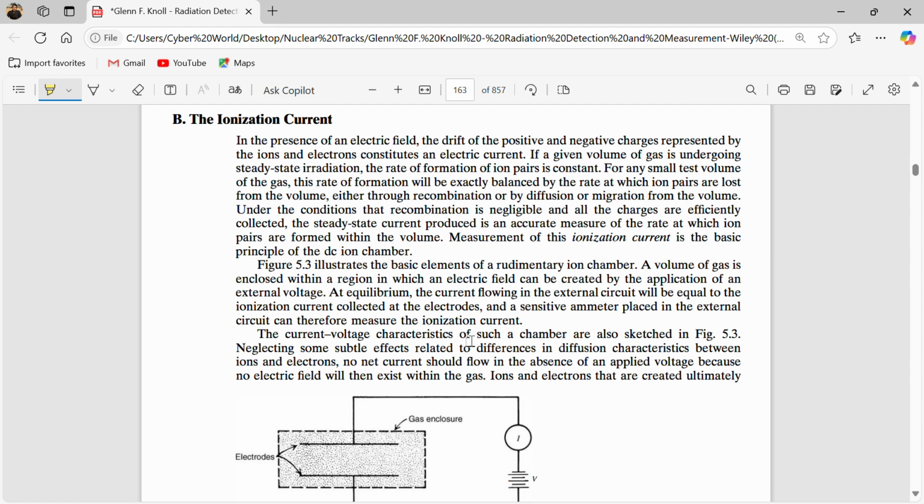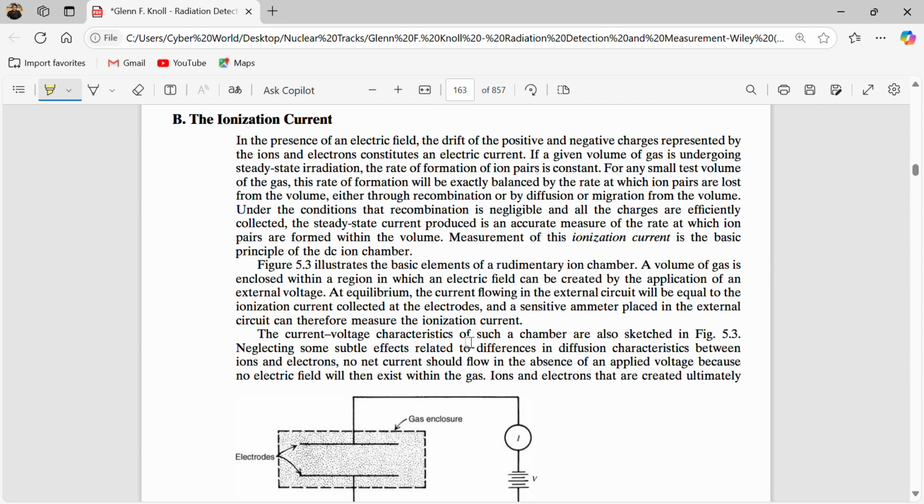The ionization current is produced because you are now applying an external electric field. As you apply the external electric field, the molecules of that gas have to move. They do not stay in a single position. They are moved from their original path and fluctuate. They are not going to remain at rest.